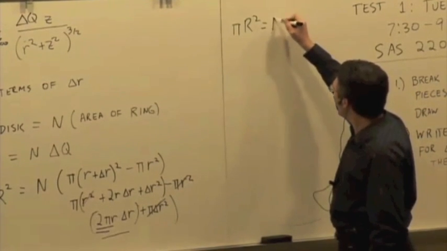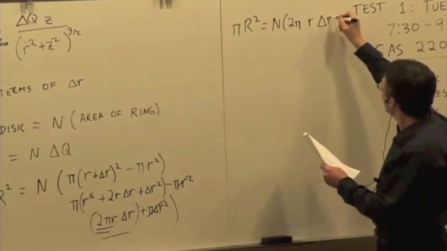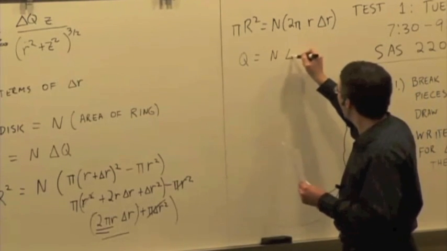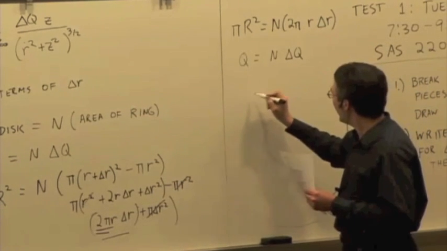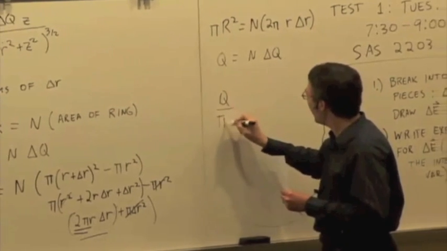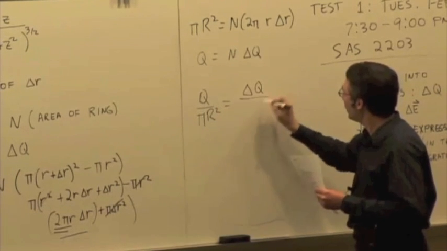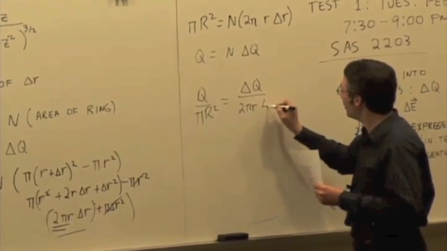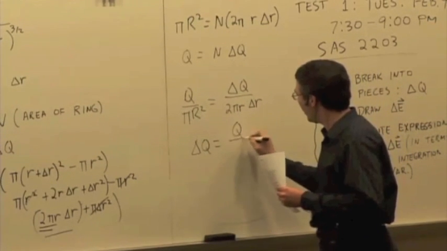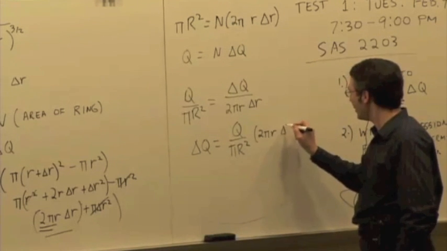So we have pi r squared is equal to n times 2 pi little r times delta r. And we have Q is equal to n times delta Q. So we can say then that Q over pi capital R squared is equal to delta Q over 2 pi r delta r, or delta Q then is Q over pi R squared times 2 pi little r delta r.